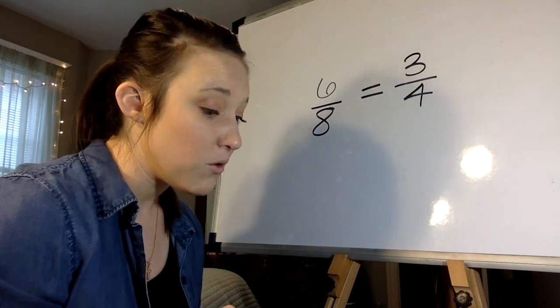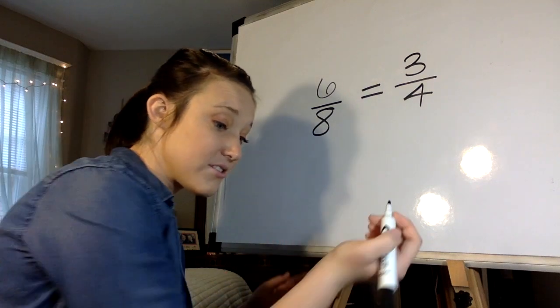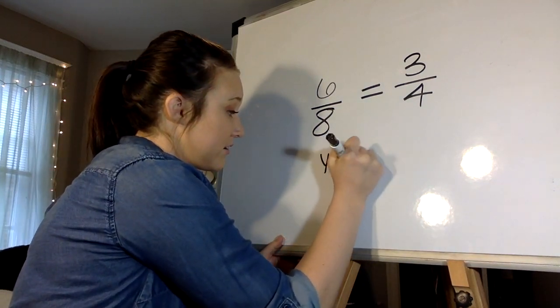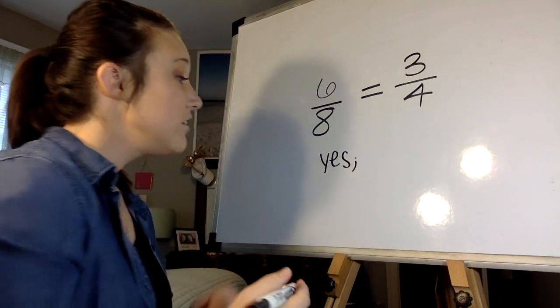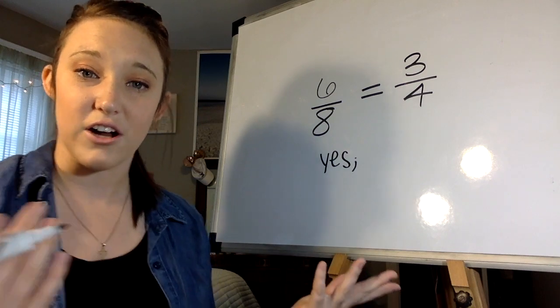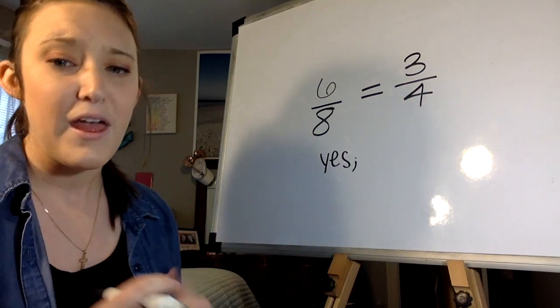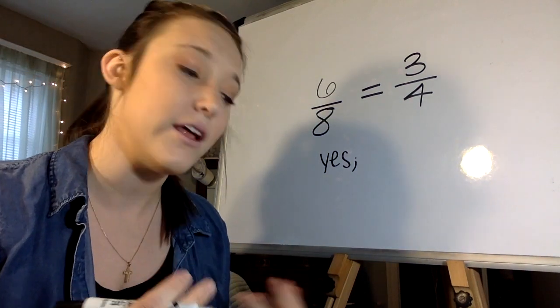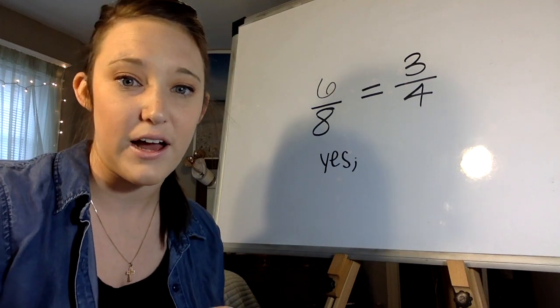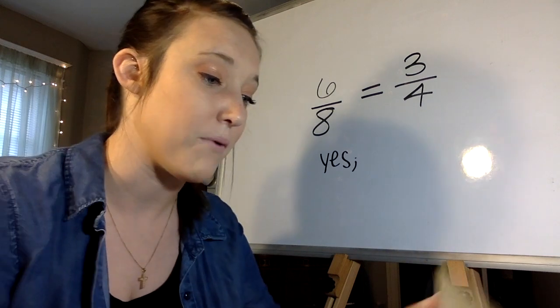And explain it, well, yes. So yes, they are the same size. And then using the model above, it shows that 6/8 are equal to 3/4. Okay, that's just one possible way to do it. If you have other ones, feel free if you can think of other ways to solve that problem.